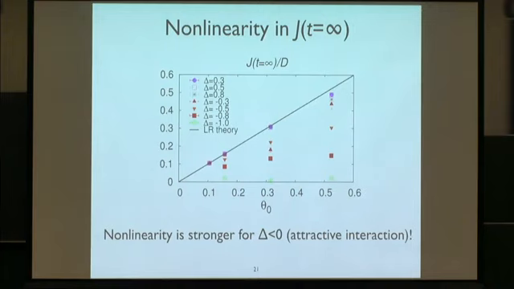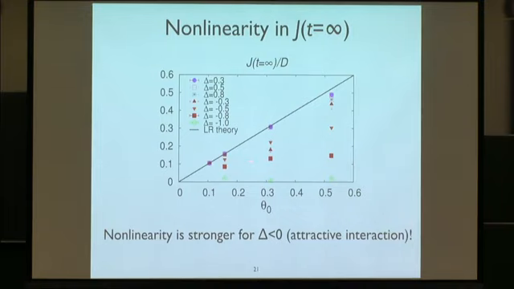Then you find that for positive delta, which is attractive interaction or ferromagnetic interaction, of course there is some deviation, which is not surprising, but the result quickly converges to the linear response theory expectation. But for repulsive interaction or anti-ferromagnetic interaction, there is a strong deviation.